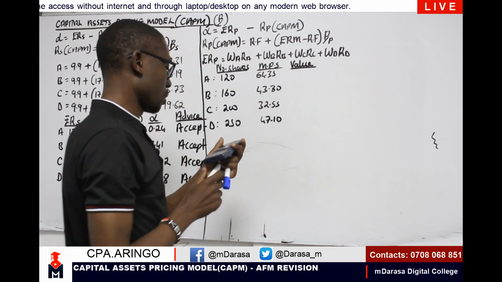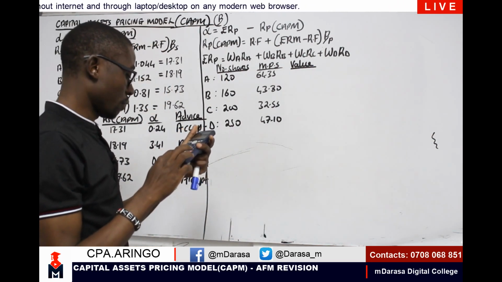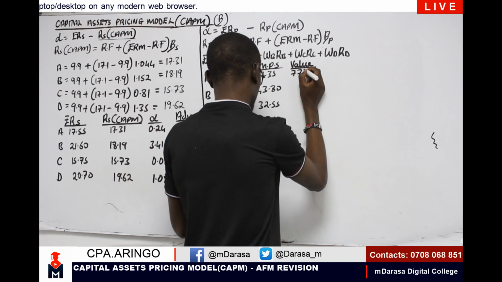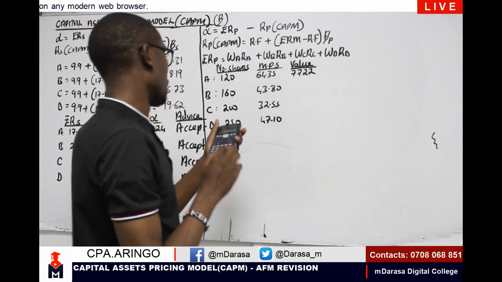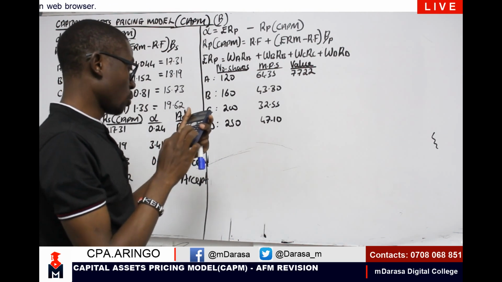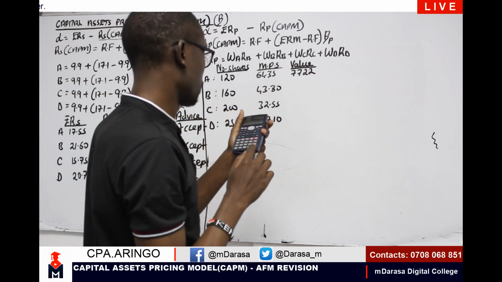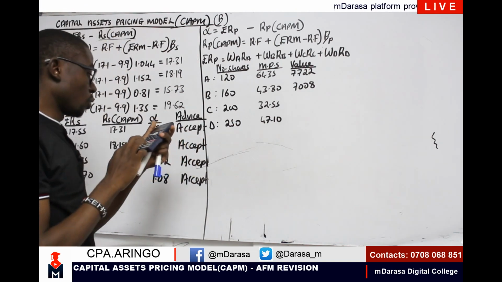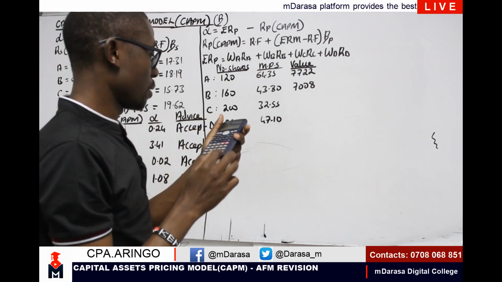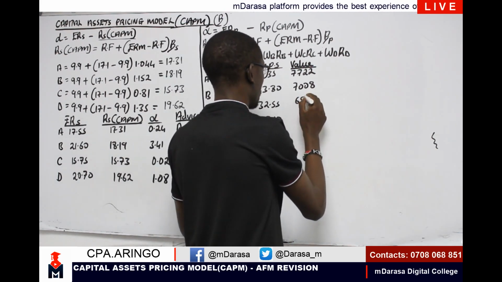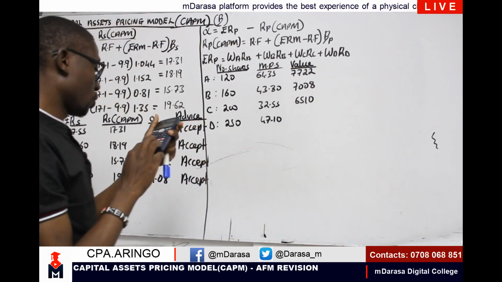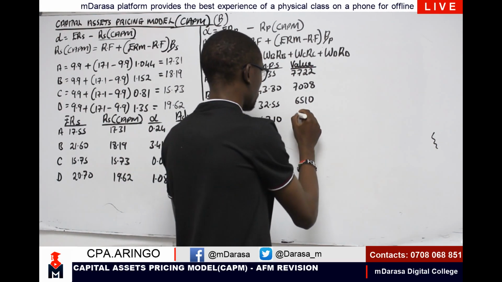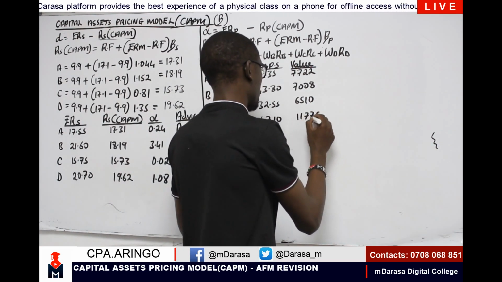We should be having 120 by 64.35 to give us 7722. 160 by 43.80, that should give us 7008. 200 by 32.55, this should give us 6510. 250 by 47.10, this should give us 11775, right?